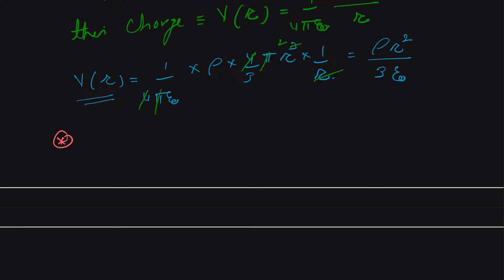For this, let us assume that this was our original sphere of radius r, and we bring a thin shell, and that thin shell is going to attach to this original sphere of radius r. We assume that the thickness of the thin shell is dr, and it has a charge of dq.